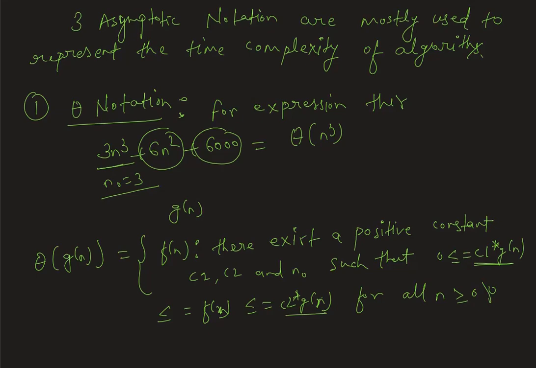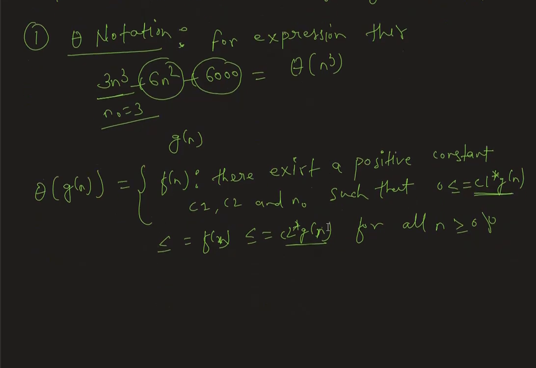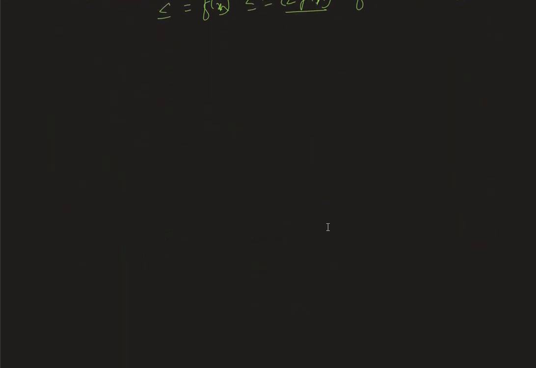The definition of theta also requires that f(n) must be non-negative for values of n greater than n naught, because then we can easily define our function.